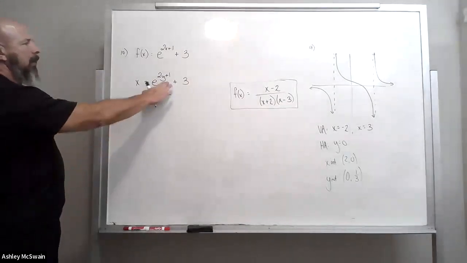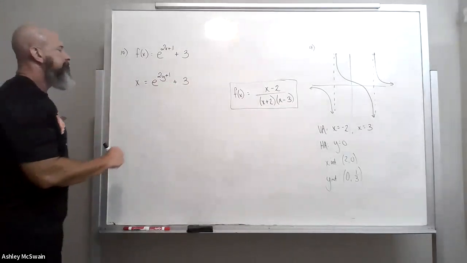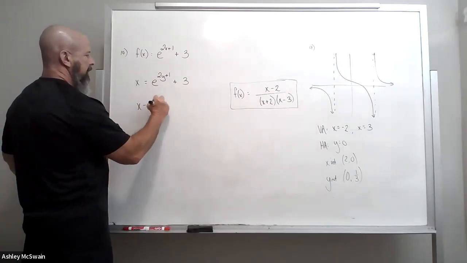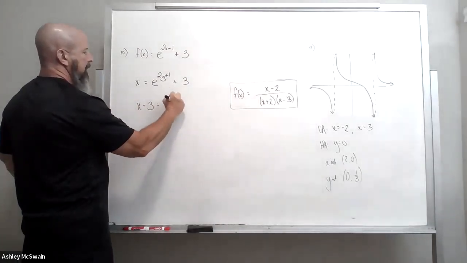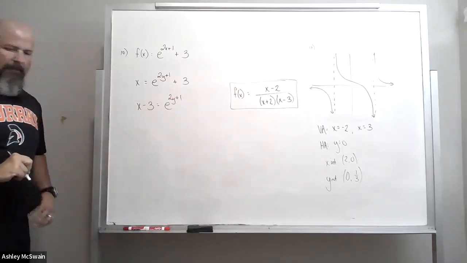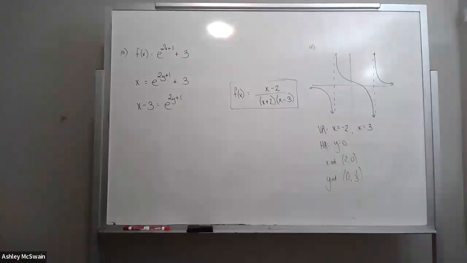So we got to work to get y alone here. Subtract my 3 over. X minus 3 is e to the 2y plus 1. Now I need to solve for y, so I'm going to have to get that exponent, that 2y plus 1, out of that power so I can work with it.